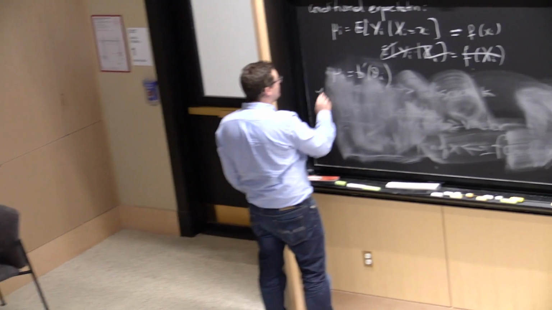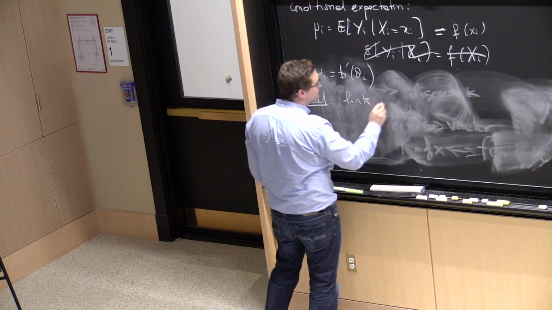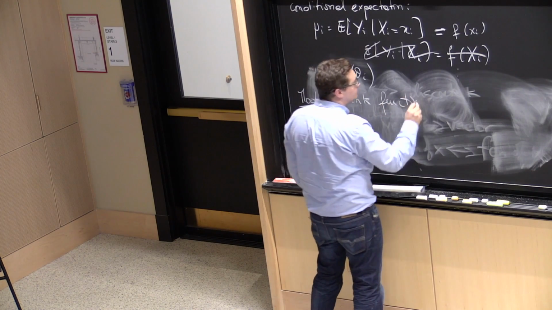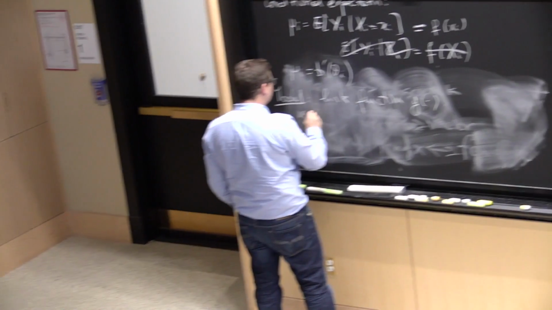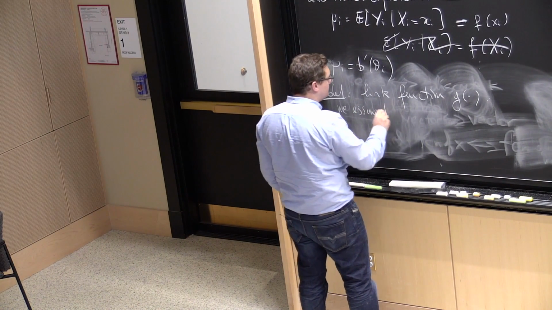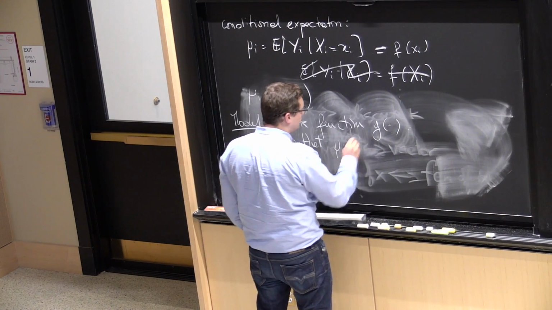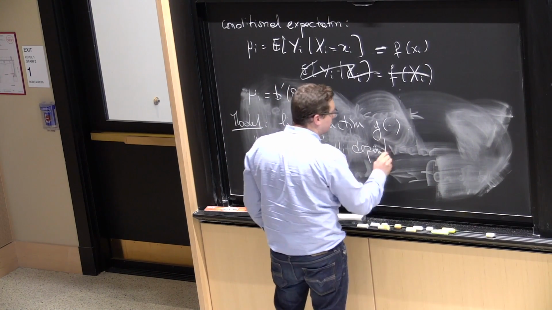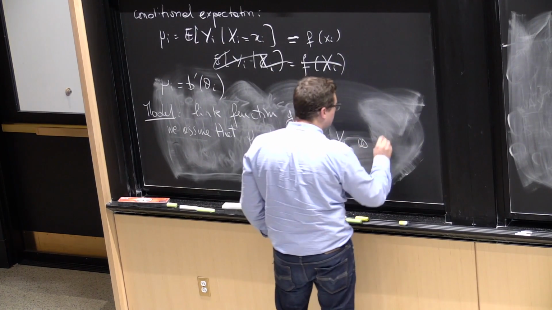All right, so again, we're back to modeling. So we have a link function g, and we assume that mu i depends on xi as follows.